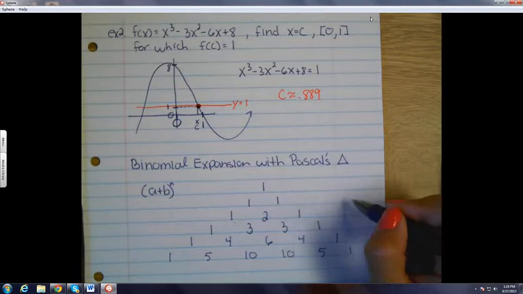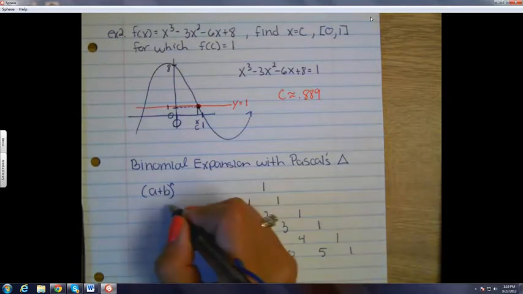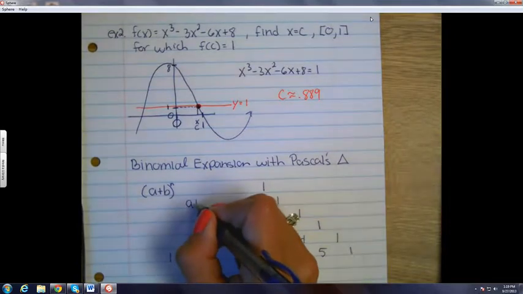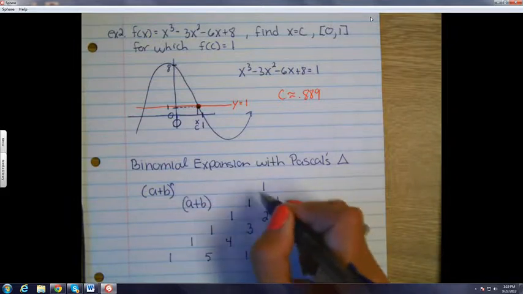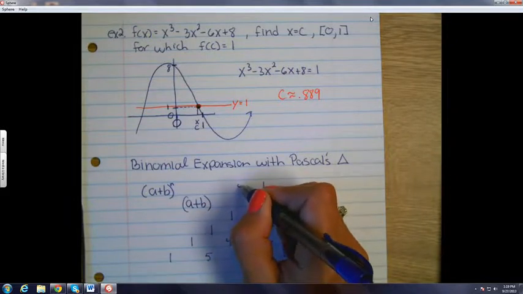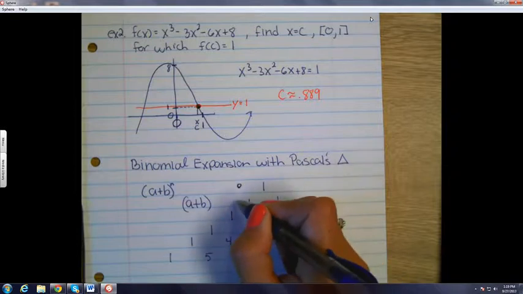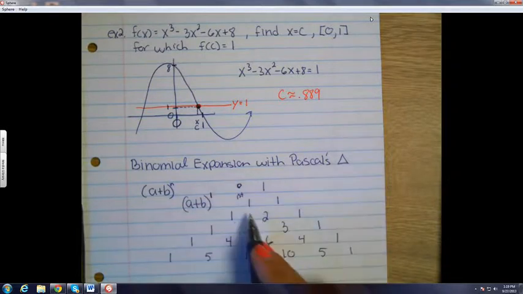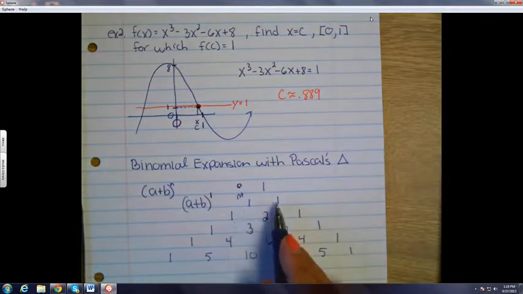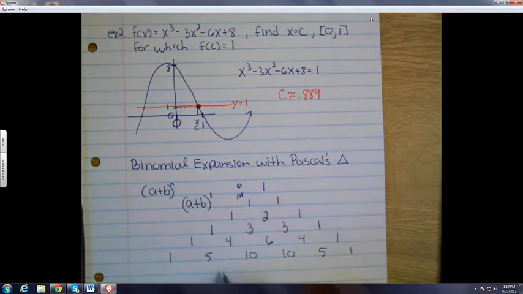Okay, and the way you're going to use this Pascal's triangle is, not the first row, the actual second row. So we call this the 0 row here, with the 1 on top. And then this we call the first row. So this would be A plus B to the first power. And what that's telling you is the ratio is 1 to 1. You just throw away your parentheses. And we already know that.